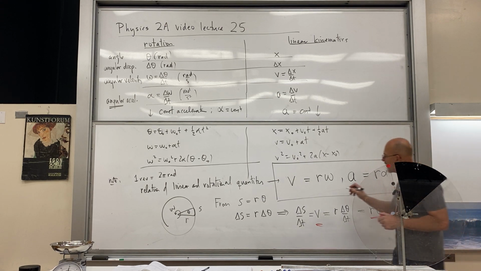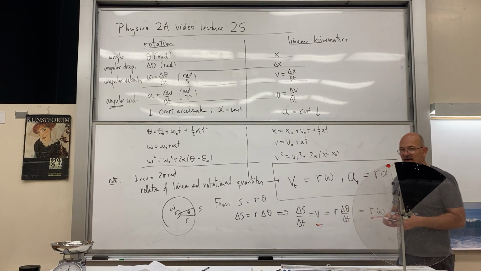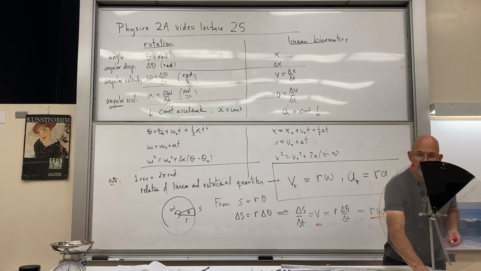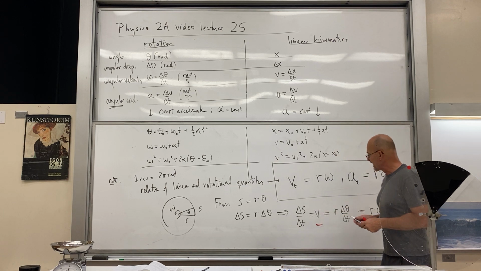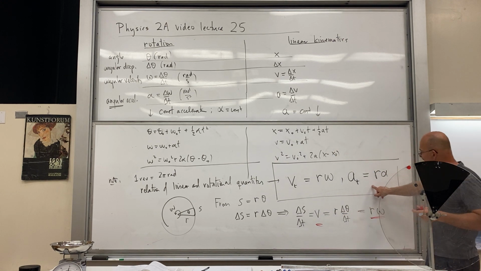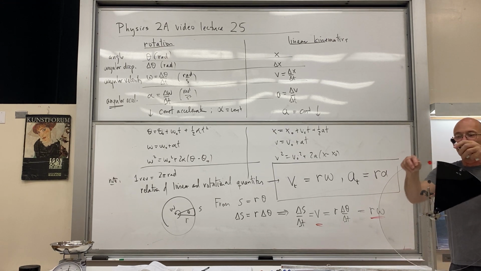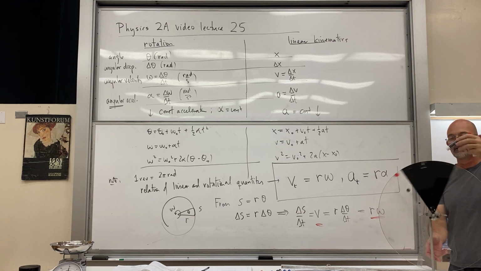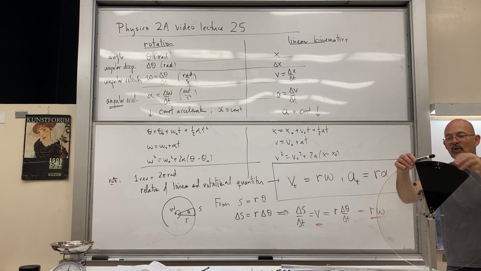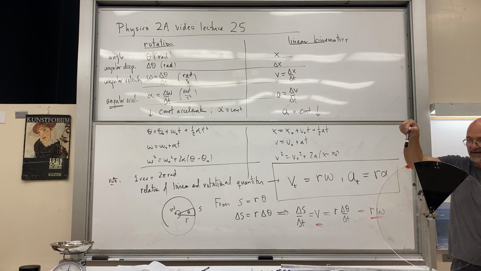Now here I am going to put the T here for tangential because we've already talked about a centripetal acceleration, and this is not the centripetal acceleration. Tangential acceleration is the acceleration of a point, if this thing's rotating, that's the acceleration of that point in the direction tangent. Not radial, not towards the center, but tangential.